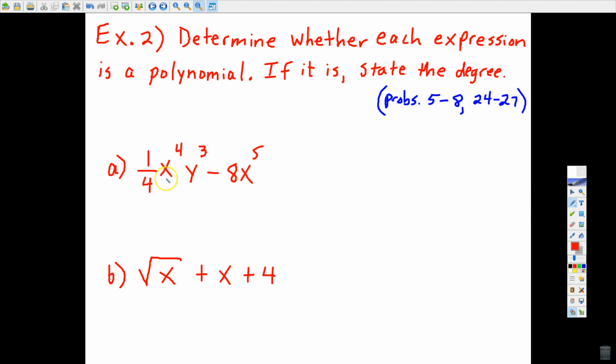It is, because I don't have any variables in denominators. I have this 1/4, but I can't have variables in the denominator. I can't have negative exponents. I can't have fractional exponents like square roots. So the answer is yes, it is a polynomial.